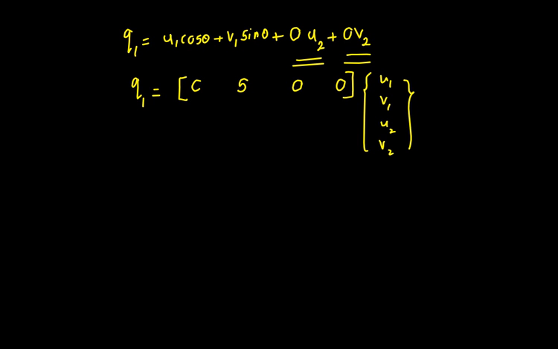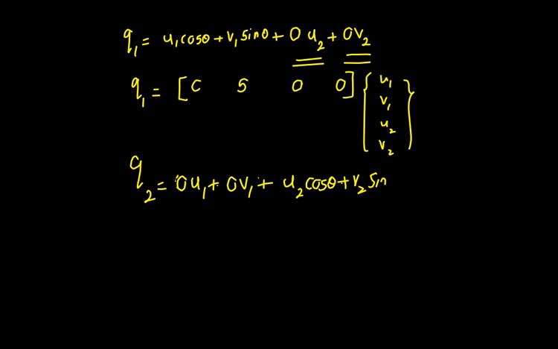You do exactly the same for Q2. It's not 0 cos theta, it's 0 into U1, so let me write that. This is going to be 0 into U1 plus 0 into V1 plus U2 into cos theta plus V2 into sine theta.